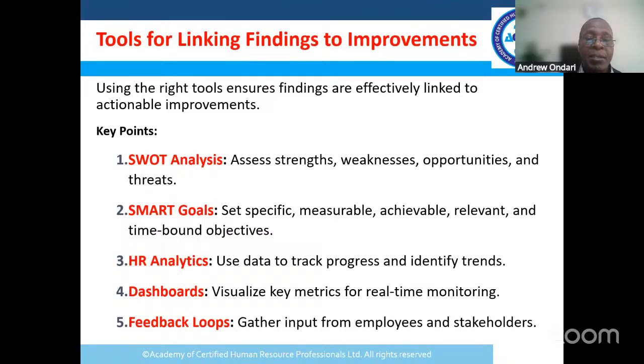HR analytics is basically about identifying trends and progress with the use of data. We analyze data and identify trends. Trends are patterns. For example, today, we are witnessing a change or a pattern in the way in which we conduct our business as HR managers.